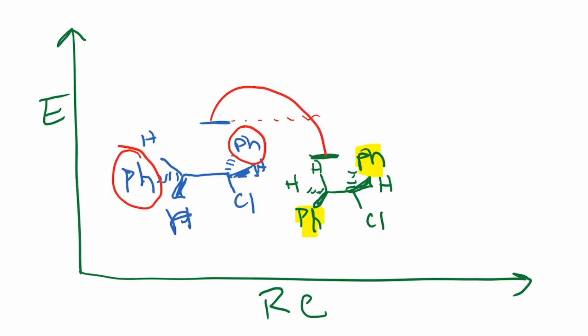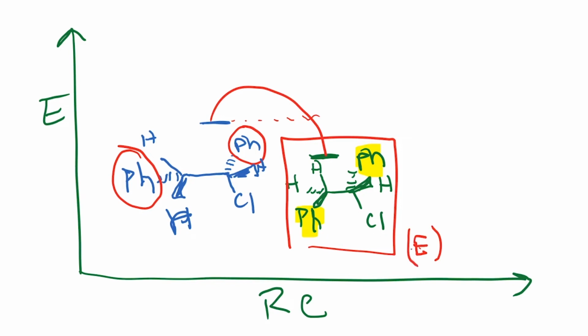So the argument that this conformation has a higher population is not something that would hold good. We have to develop an argument or theoretical framework that helps us understand the outcome. Going forward, this is going to be the E conformer, and this is going to be the Z conformer.